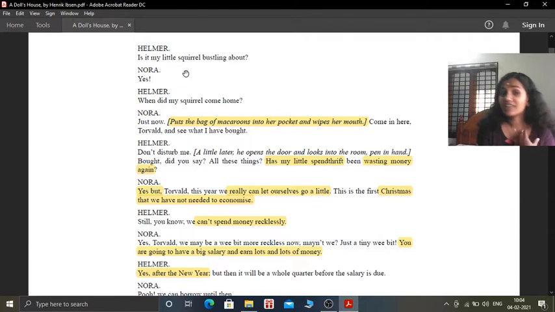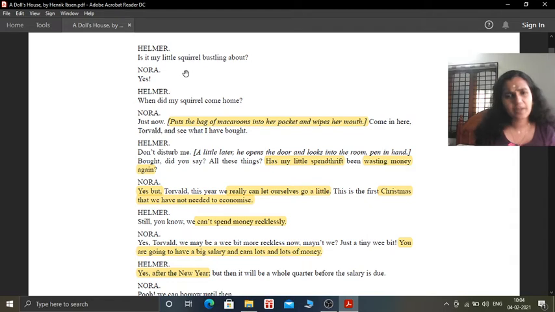And Nora said yes. And Helmer asked, "When did my squirrel come home? You are not here. And when did you come back, my dear?" Just now, Nora said. And see what she is doing. Now Helmer is inside the room and she is in the drawing room, and they are conversing with each other.